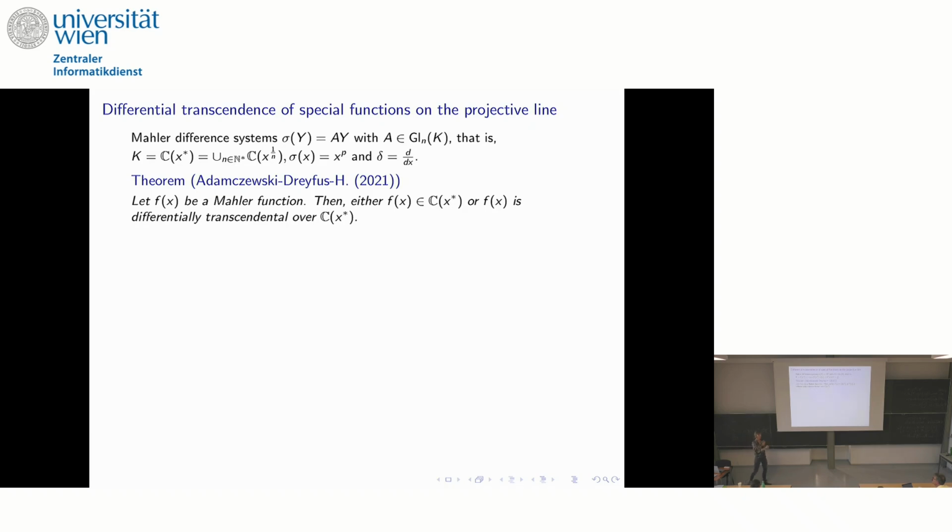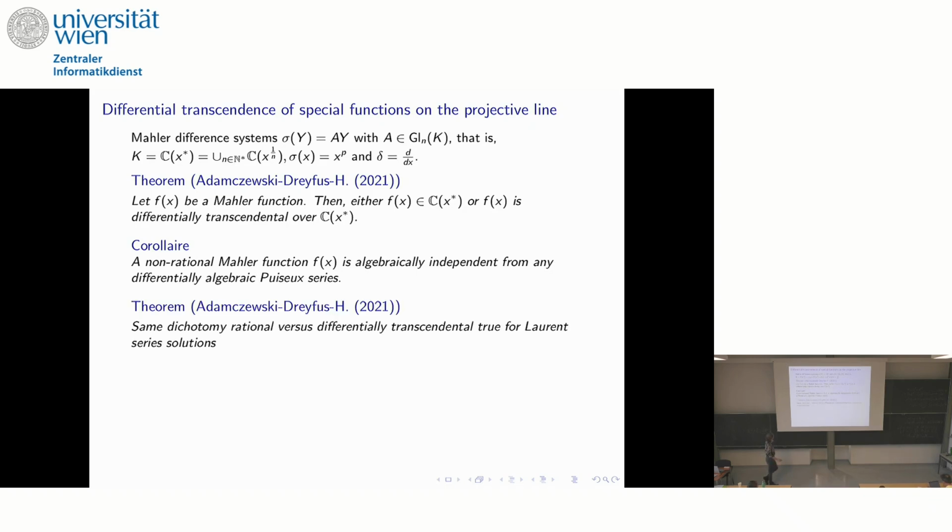You really have a dichotomy. It's a very simple object or it's a very wild object. And the corollary of these results is that if you pick a Mahler function, it will be algebraically independent from any differentially algebraic Puiseux series. So you get a result of algebraic independence out of this statement.